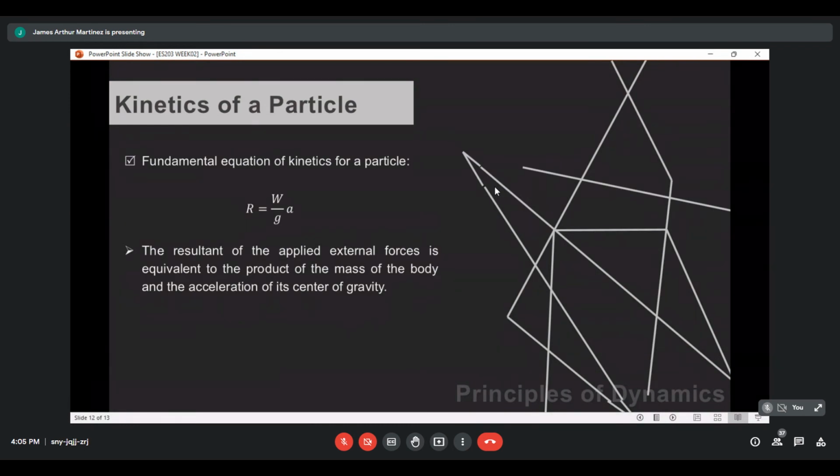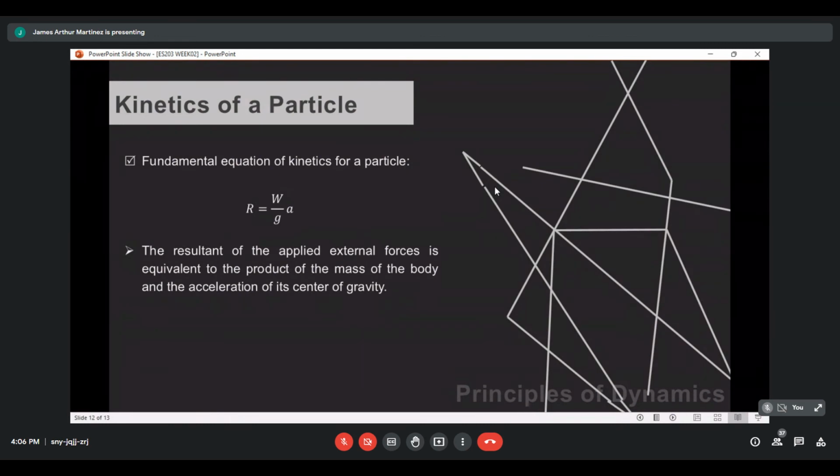So let us try to derive this, kung asa ni siya gikan. Masig matingala mo nga nikalit lang to nga si R is equal to W over G times A. But actually, if inyong tanawon or analyzon, mura ra na siya og F is equal to MA, right? It's just that the force here refers to the resultant force acting on the body, equal to mass times acceleration.